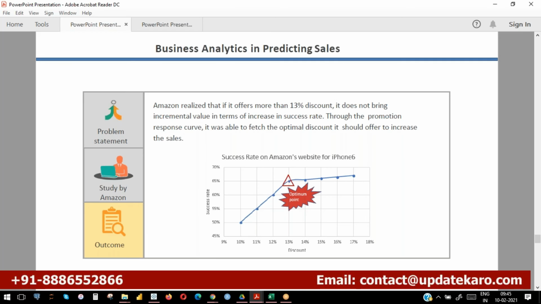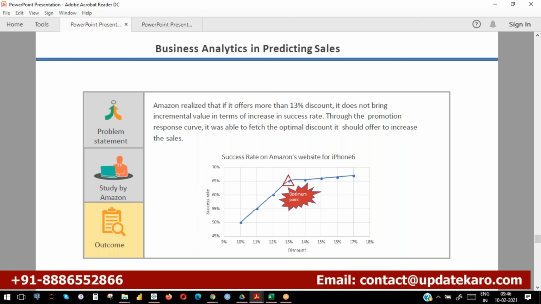How it is changing. When the discount was increasing, sales was also increasing until a certain point of time. Until the discount went to 13%, sales was increasing. But after 13%, they found that whatever discount value they put, even if increasing beyond 14, 15, 16, it was not making a huge difference in the sales.